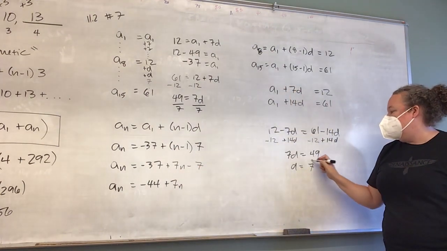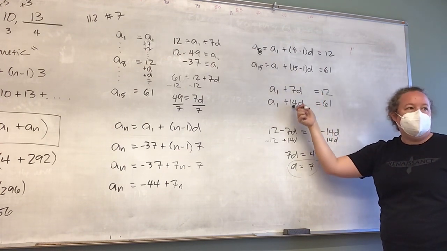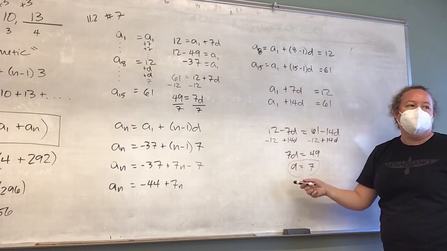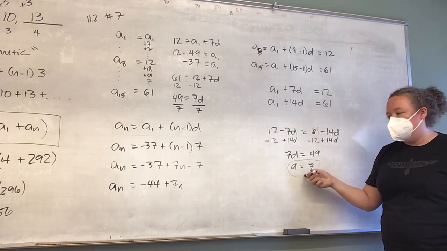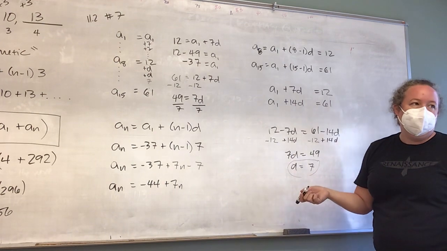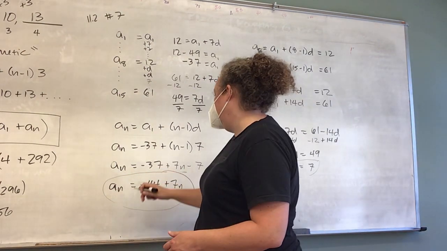But we can see that creating a system of equations and then using the substitution method is going to get us to the same destination. It's going to also help us to solve for d and A sub 1. And then we can write the rule.